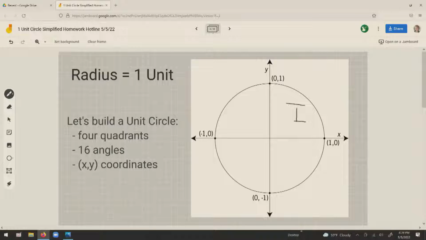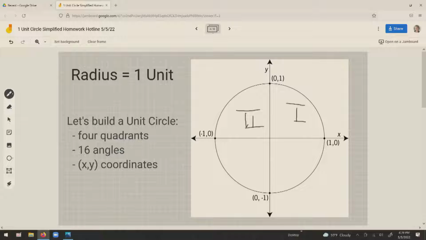Then should I go clockwise or counterclockwise? Depends. It's weird that you go counterclockwise on this. I think it's because both of them are positive y. Is that why? I don't know. Yeah, I would think so. So over here is quadrant 2, and I'm using Roman numerals.